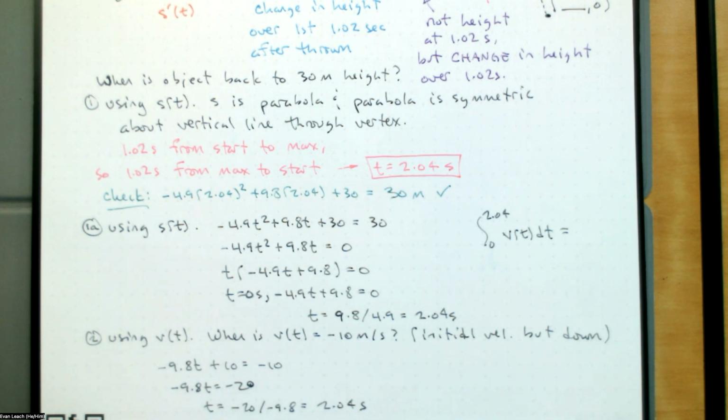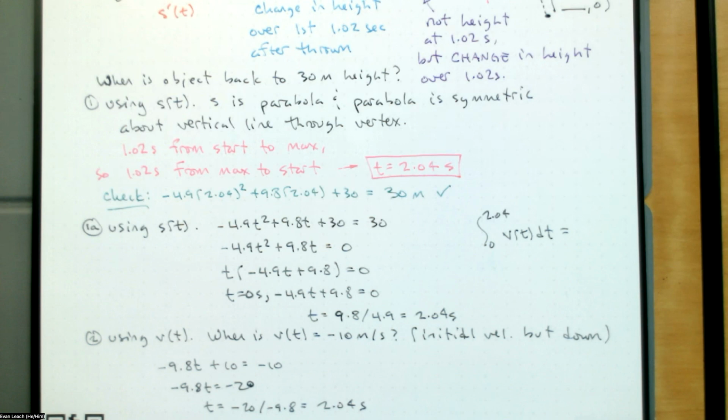So we're integrating the rate of change on an interval from 0 to 2.04, and that will represent how much the height has changed from 0 to 2.04. How much has the height changed on this 2.04 second interval after being thrown? If by your silence it means it hadn't, because 2.04 is when it's back to 30, then you are correct.